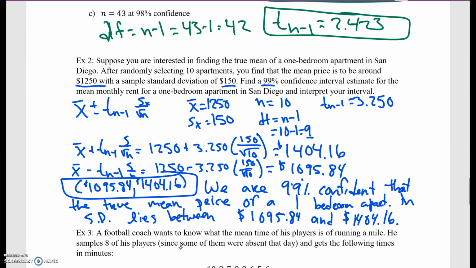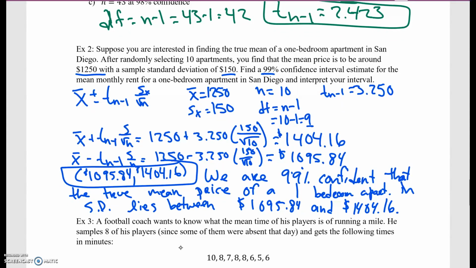So that's my interval estimate based on the data that I acquired. It lies somewhere between those two numbers. We don't know where it is, but we're 99% confident that it lies between there. Which is pretty expensive.